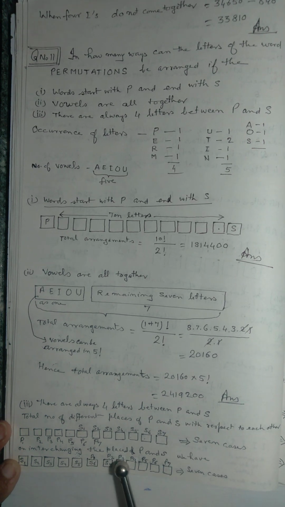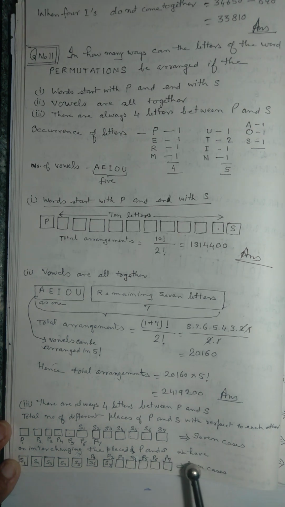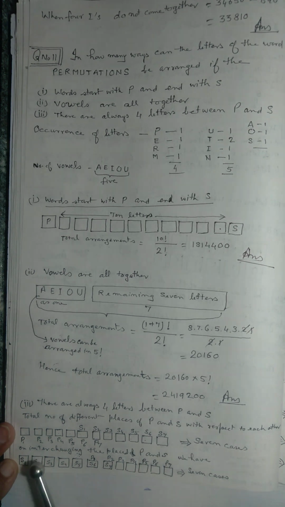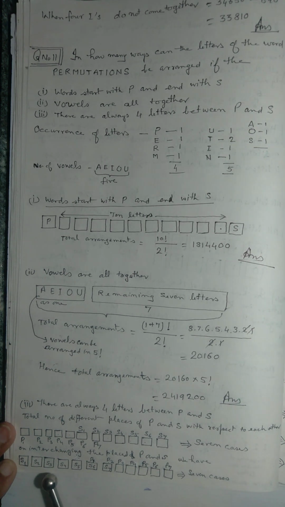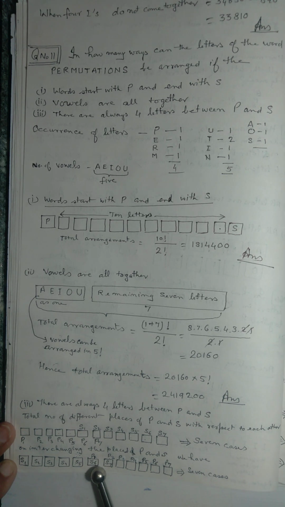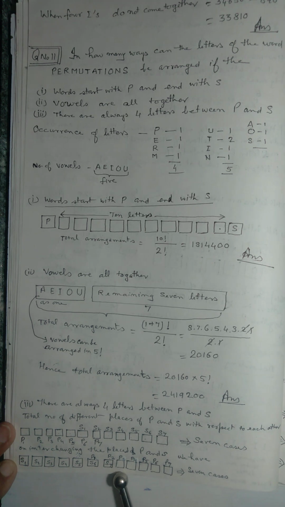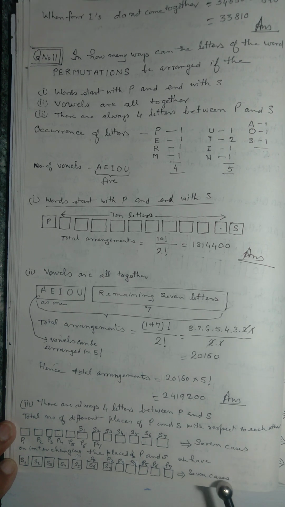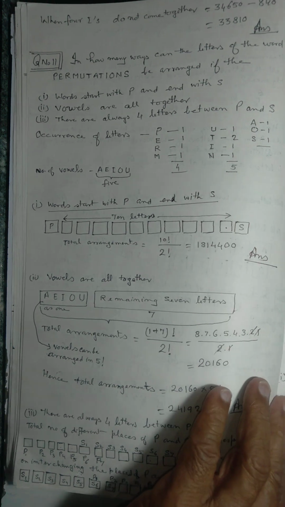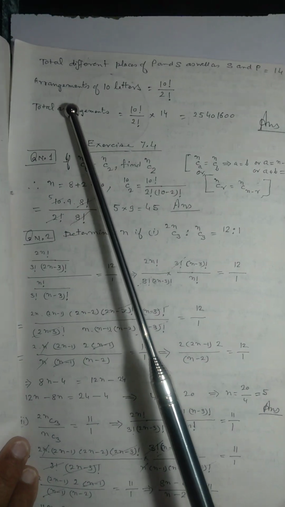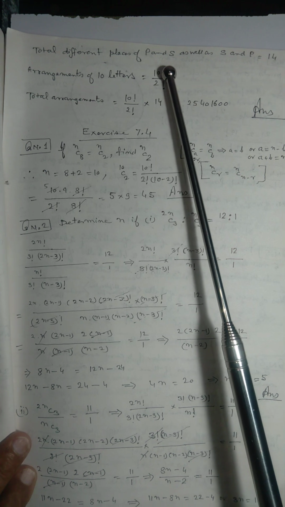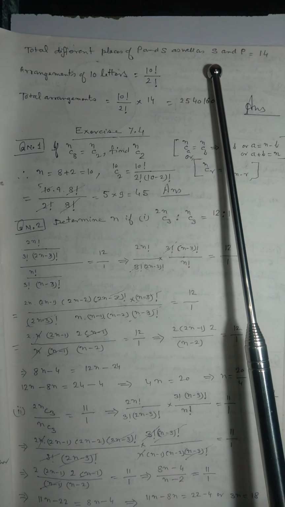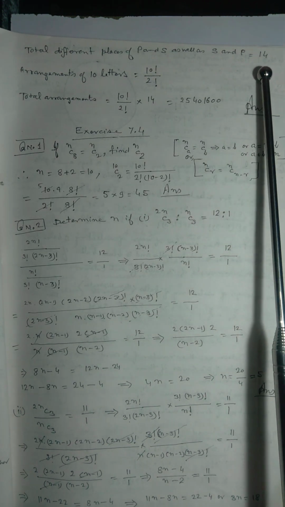On interchanging the places of P and S, we have, अब S क्या है, स्टार्टिंग में आ गया है S1, S2, S3, S4, S5, S6, S7 और यहाँ से हुआ शुरू P1, P2, P3, P4, P5, P6, P7. So 7 cases are there. Total cases will be 14. So the total different places of P and S as well as S and P is equal to 14.